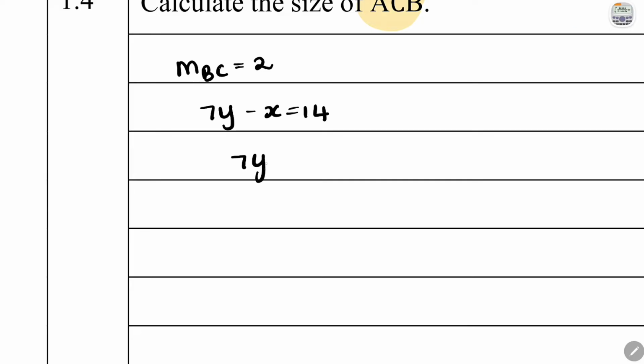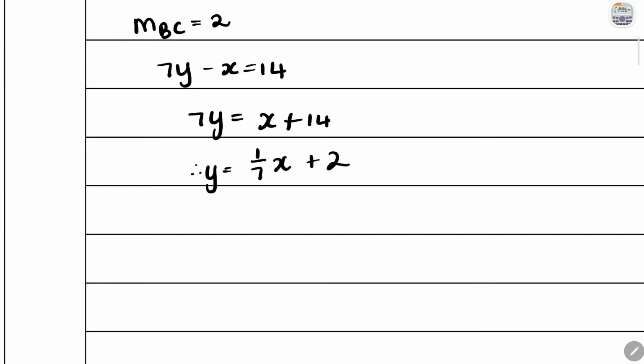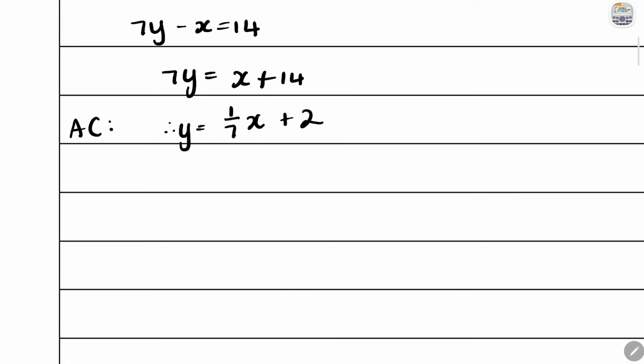So let's leave it on the left-hand side. Transposing the negative x, it becomes positive, and we have plus 14 still. If we divide both sides by 7, we'll have 1 over 7 x, and 14 divided by 7 is 2. So this is the equation of AC, and the gradient of AC is 1 over 7.